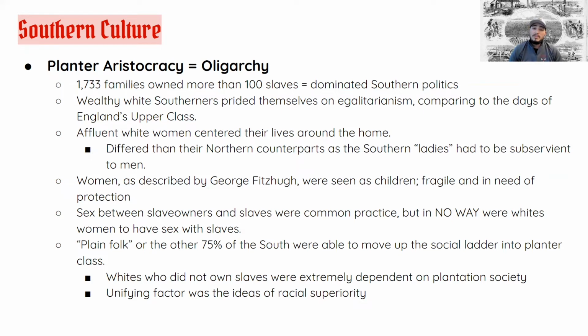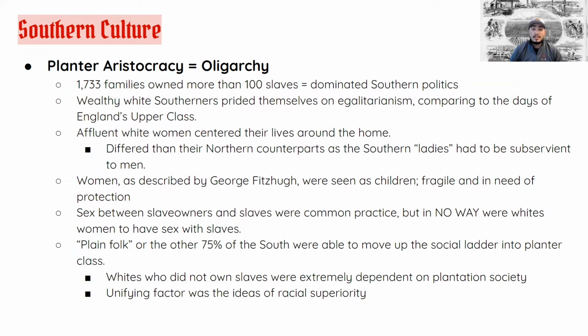So these wealthy white Southerners really prided themselves on the society that they were creating, and it was really mirroring a lot of what English upper class society was like. And within this new dynamic, you start to see a lot of those traditional systems being created. For example, the treatment of women.